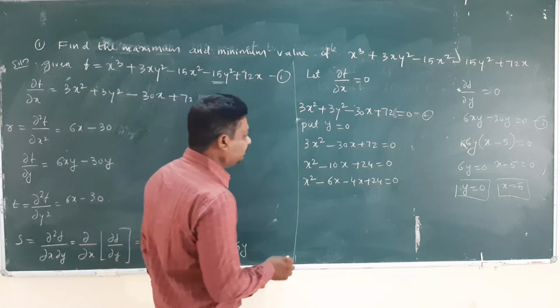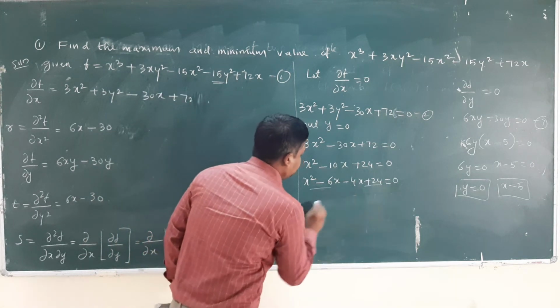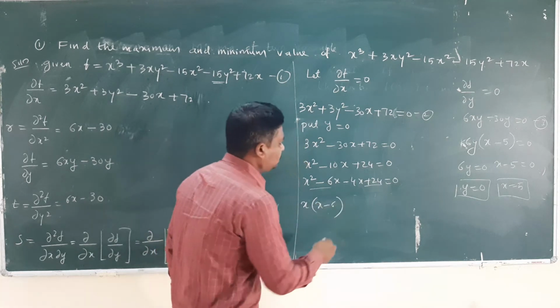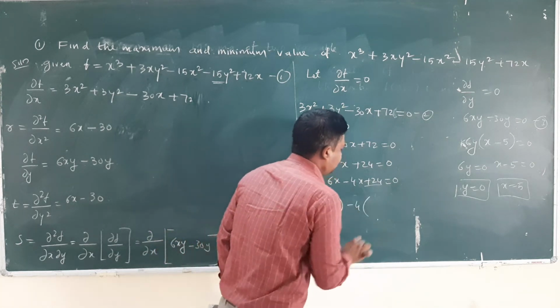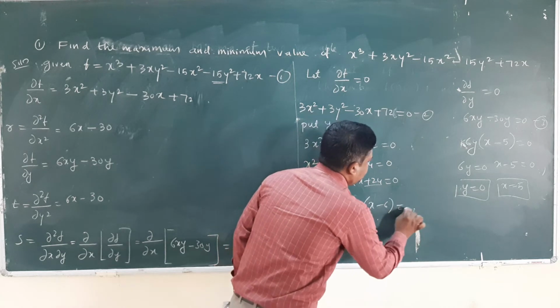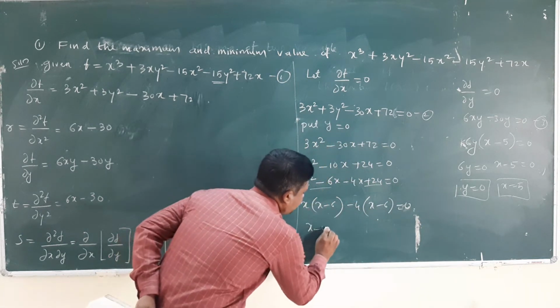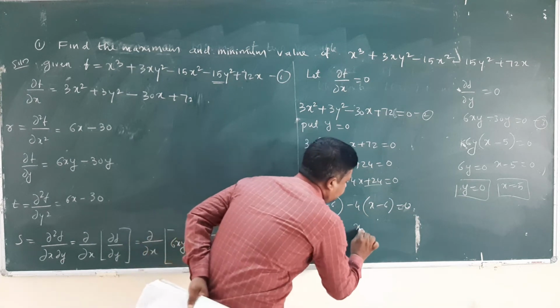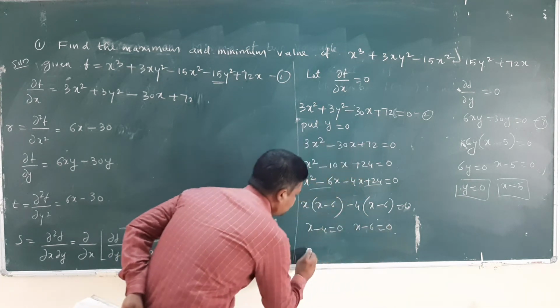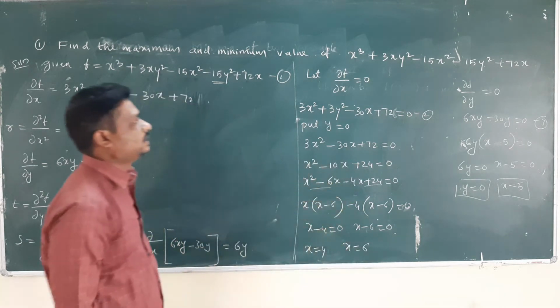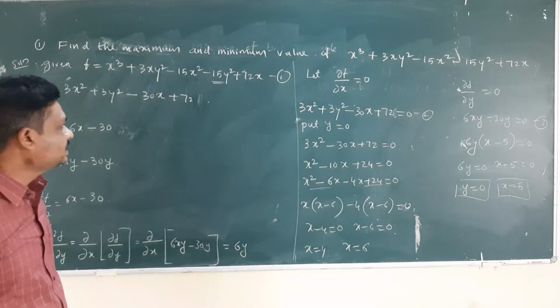So now with this, the factors are x into x - 6, and if I take minus 4 common, again this becomes x - 6. So this is equal to 0. That is, x - 4 equal to 0 and x - 6 equal to 0. So x equal to 4 and x equal to 6. So these are the values.